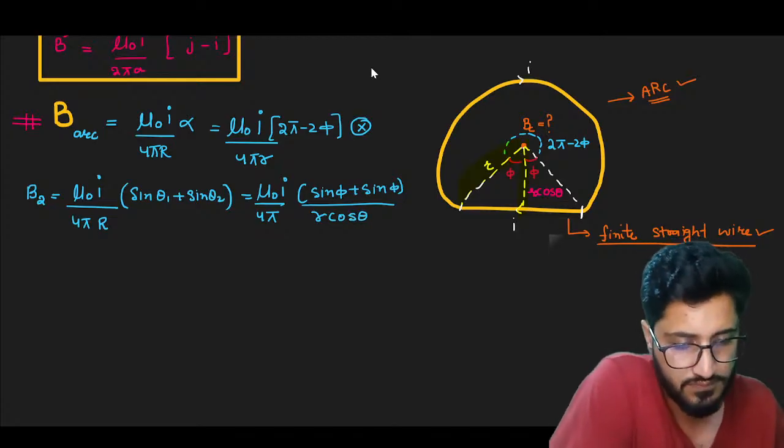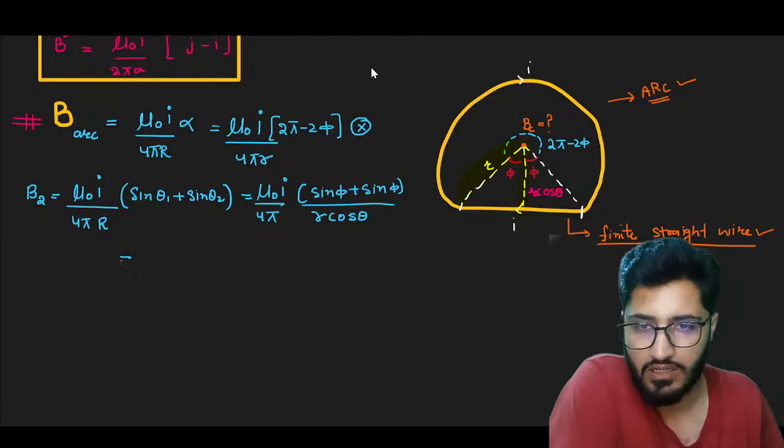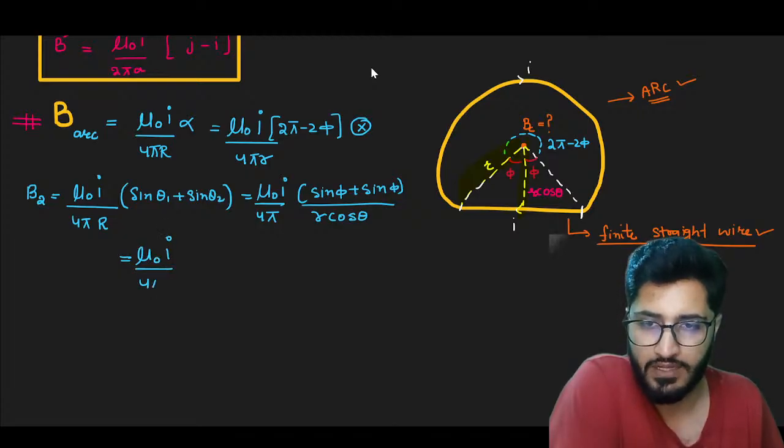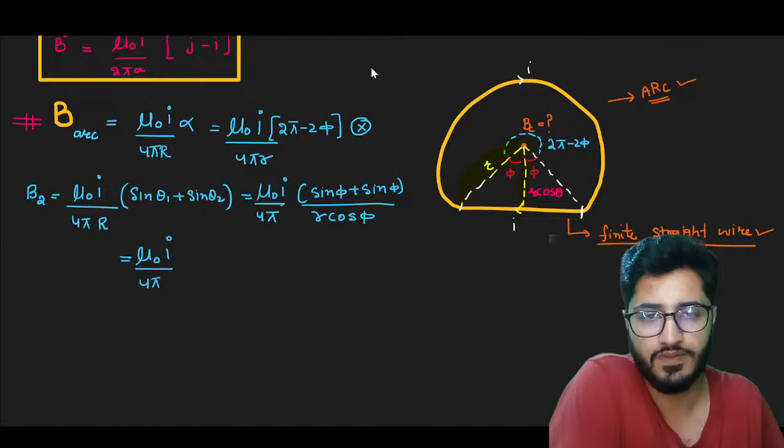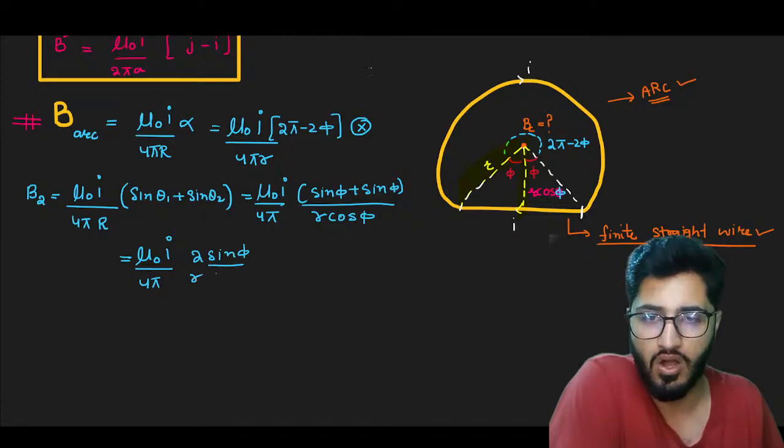Done. Okay, now it is mu naught I divided by 4 pi. It is not theta, it comes out with phi here. So it is phi. I will write now, it is 2 sine phi divided by r cos phi.